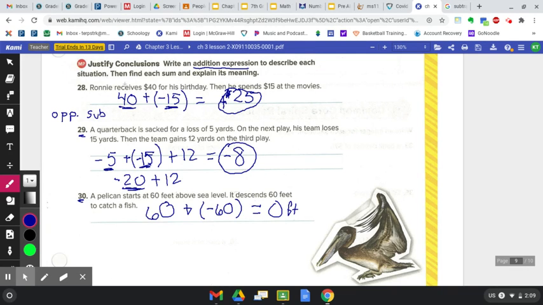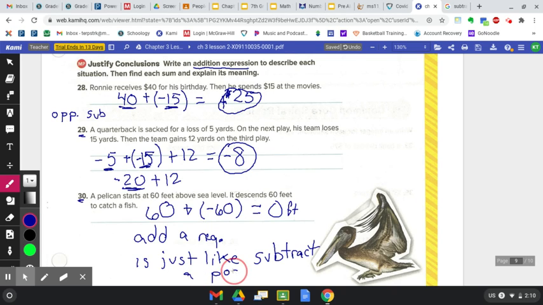we can say that, so I get my pen down here, adding a negative is just like subtracting a positive.